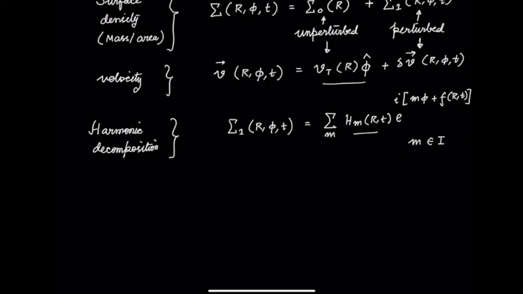So we'll get only integer numbers here if I decompose it this way. And you can define a radial wave number k, which is del f del r.